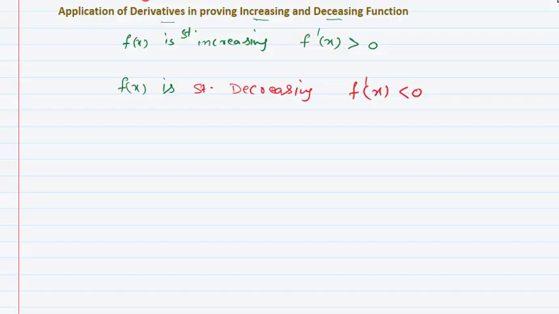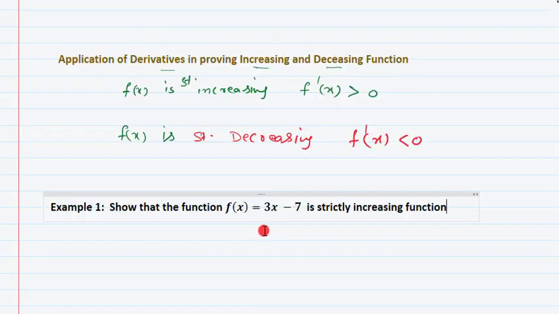Let me take the same example again that I took where I proved the question without derivative. Previously we proved it without using the derivative. Now let me prove it with the help of the derivative. The given function is f(x) = 3x − 7.